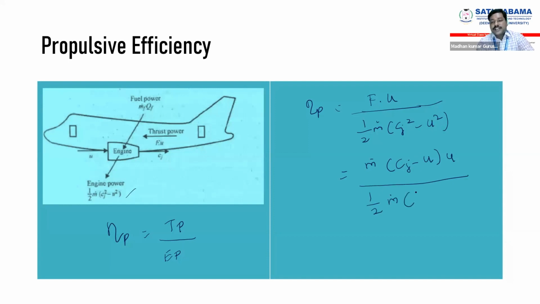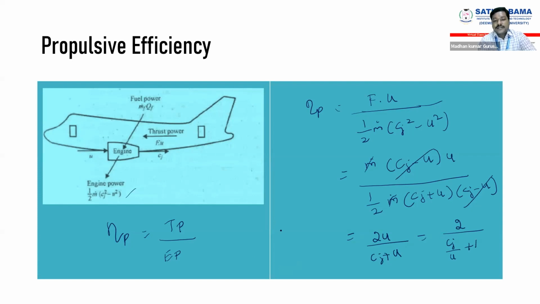You can expand this a square minus b square as Cj plus u and Cj minus u, in order to cancel out the common terms, right? So finally you have 2u divided by Cj plus u. Now you are going to divide by u, you get Cj by u plus 1, right?